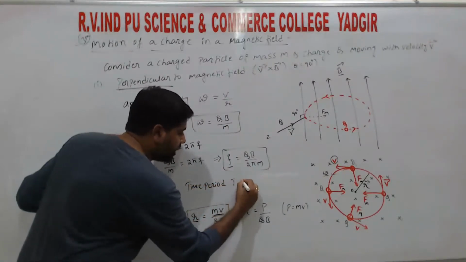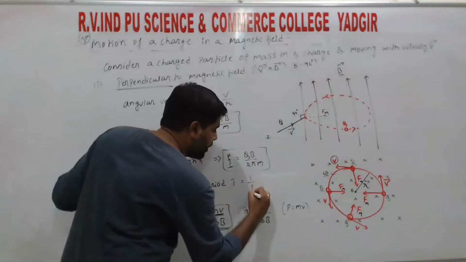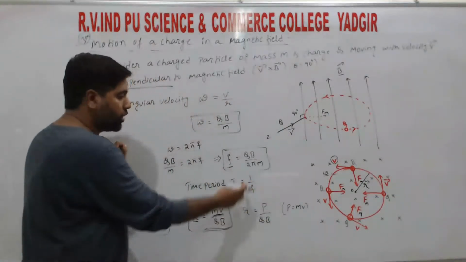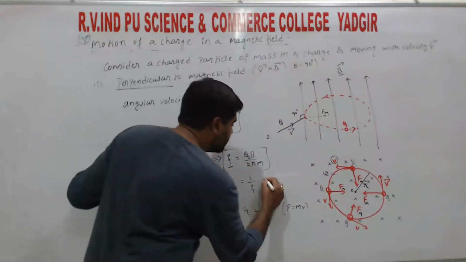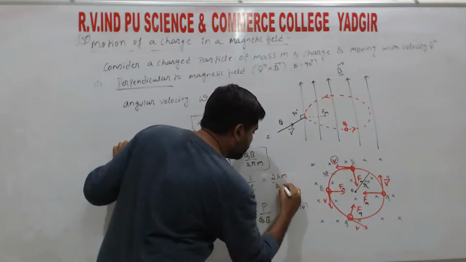Next is the time period. The time period T is defined as the reciprocal of the frequency, that is 1 divided by f. Since we know f, substituting and simplifying gives 2 pi m divided by qB.